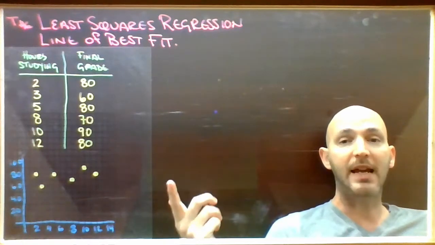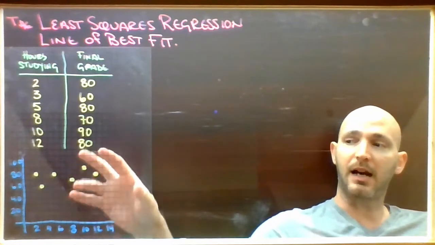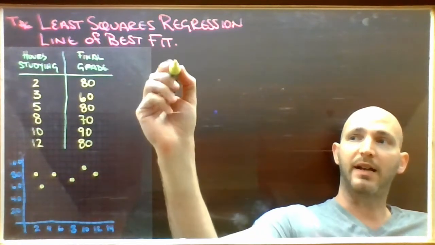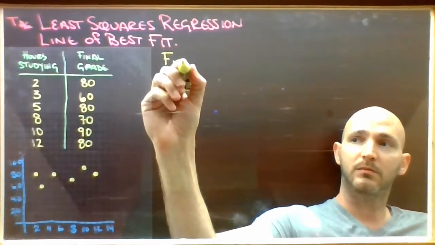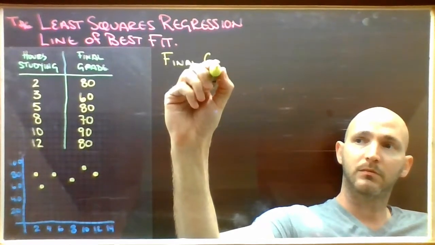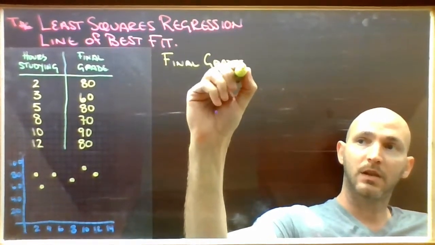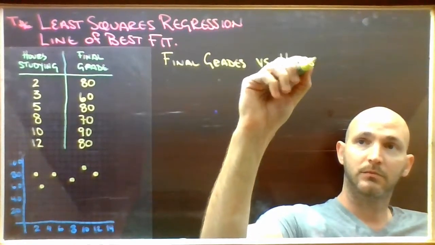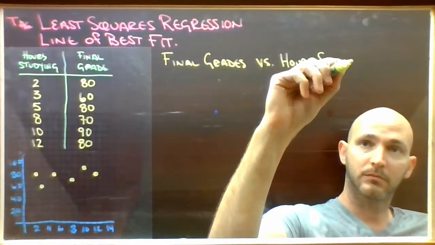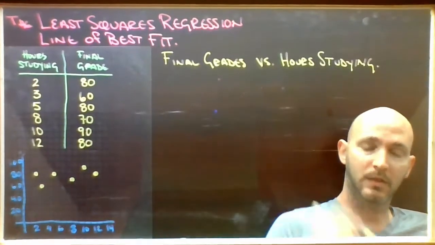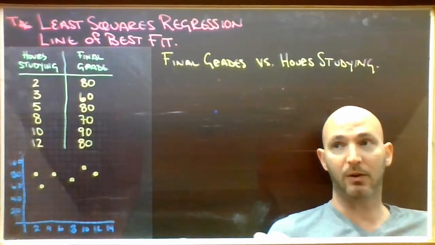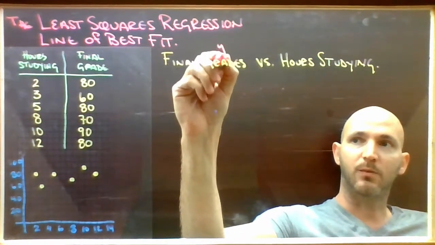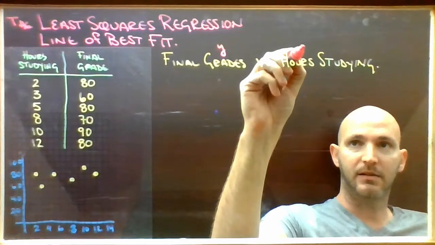And when you phrase this as describing the graph, you would call this final grades versus hours studying. Notice that the first thing that was quoted is the effect, so that's y, versus the cause.